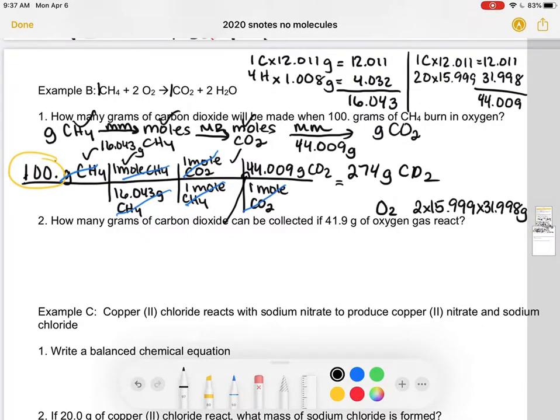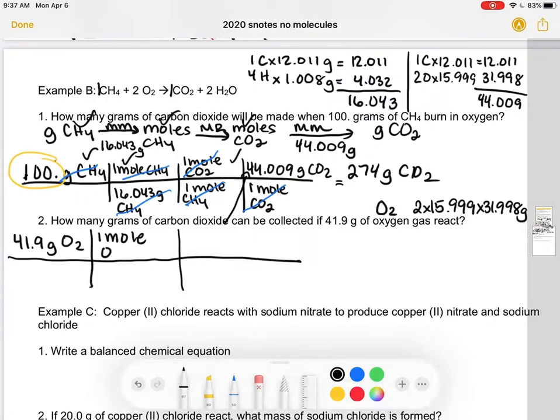Okay. So we're starting with 41.9 grams of O2. So we have to go from grams of O2 to moles of O2 next. So in 1 mole of O2, there are 31.998 grams of O2.